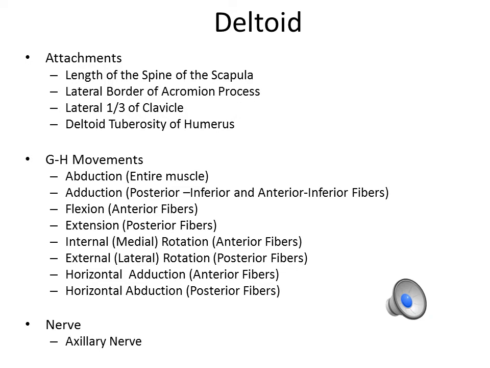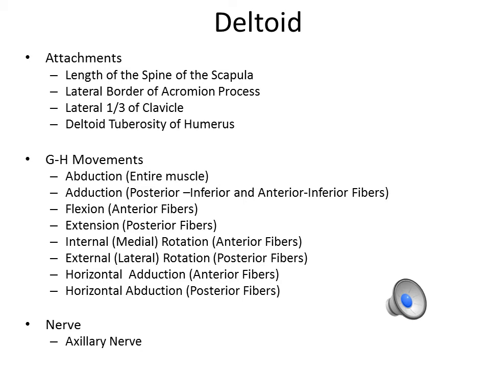The entire muscle belly will produce glenohumeral joint abduction. The posterior inferior fibers and the anterior inferior fibers will perform glenohumeral joint adduction. The anterior fibers produce flexion. The posterior fibers produce extension.